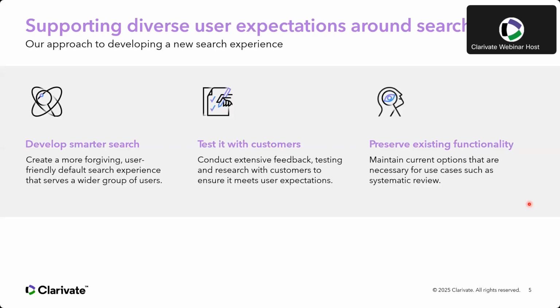So the key message here is that the approach we adopted was to develop a new search experience that we call the smart search. And we tested this new search experience with a relatively limited number of users during a specific period of time.